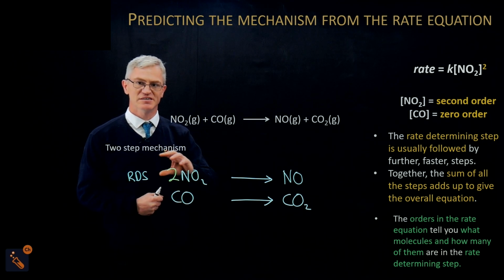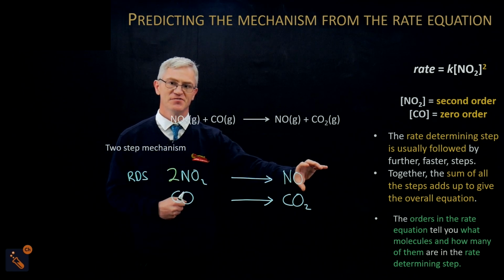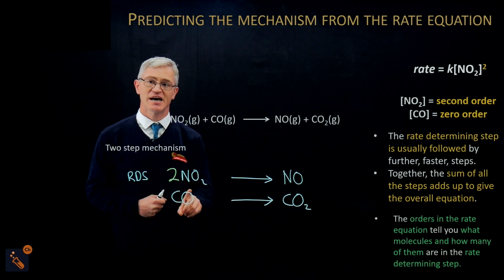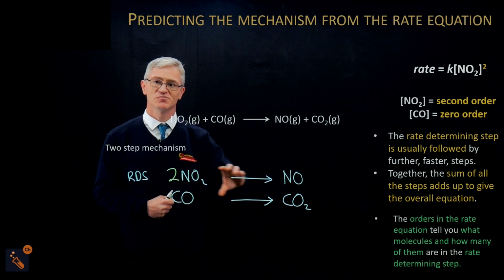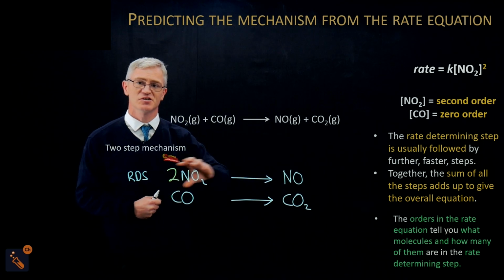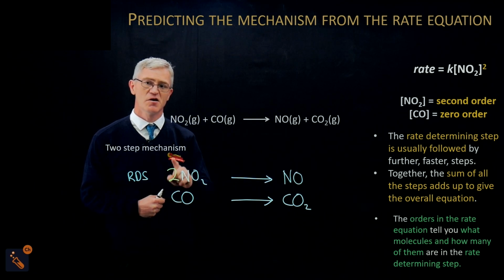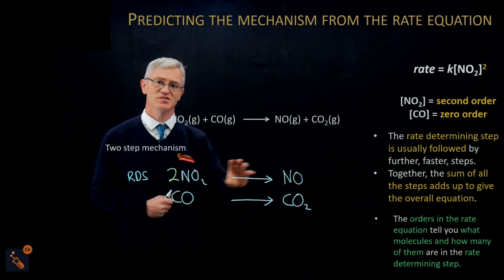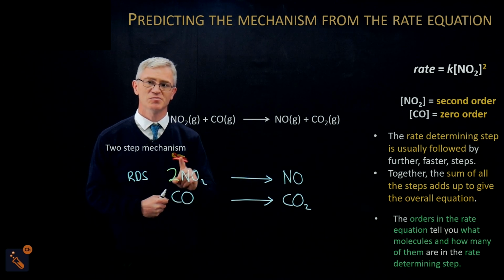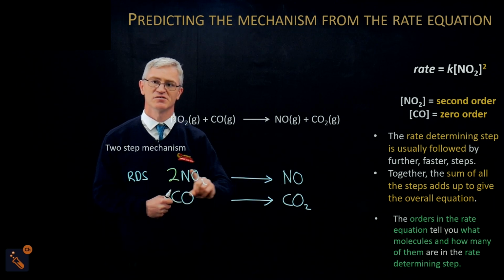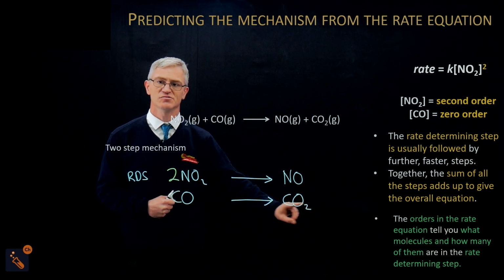What's really important is that rate determining steps have to balance with atoms and have to balance with charge, and we'll show you another example of charge later on. At the moment, this balances with charge because it's neutral, and that's neutral.